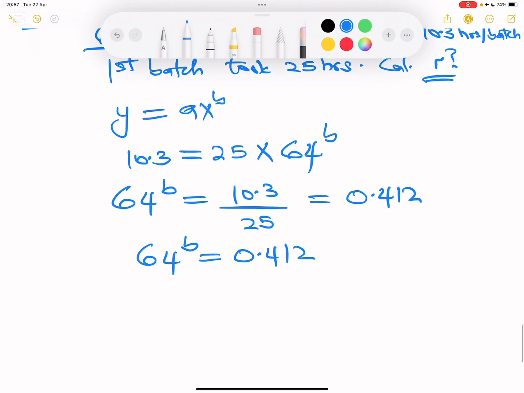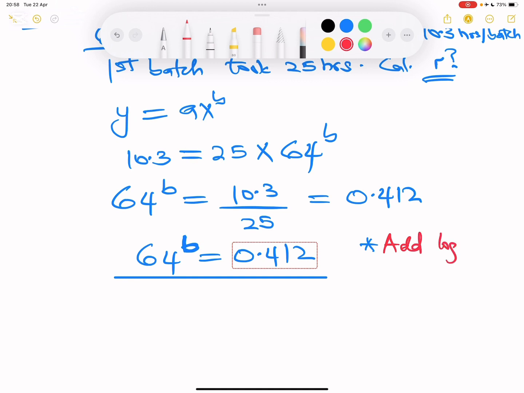And you'll be wondering, how do you solve this mathematics? If you're comfortable with math, this will not be strange to you. But even if you're not comfortable with it, I can quickly teach you. Anytime you get to this point, where there is power B and you need to solve for B, what you must do is add log, logarithm, on both sides.